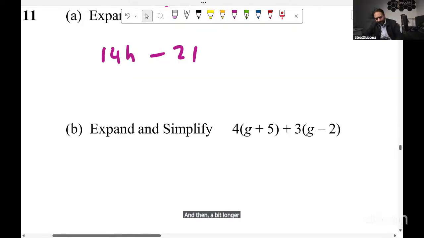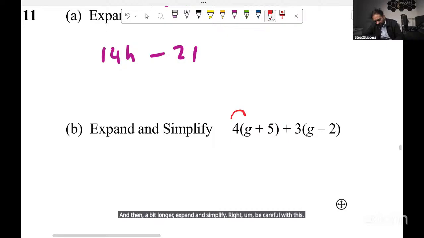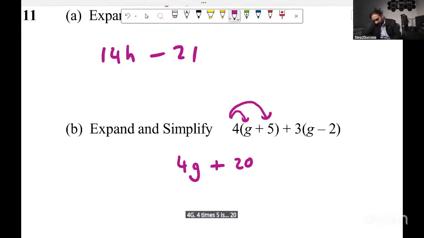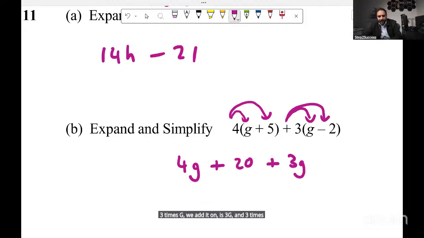Expand and simplify. Right. Be careful with this. 4 times g is 4g. 4 times 5 is 20. 3 times g, we add it on, is 3g. And 3 times minus 2, be careful, is minus 6.